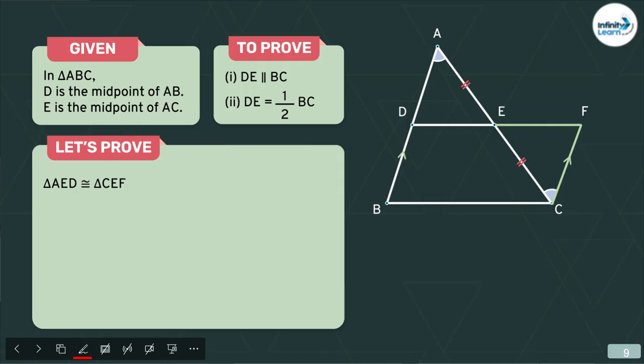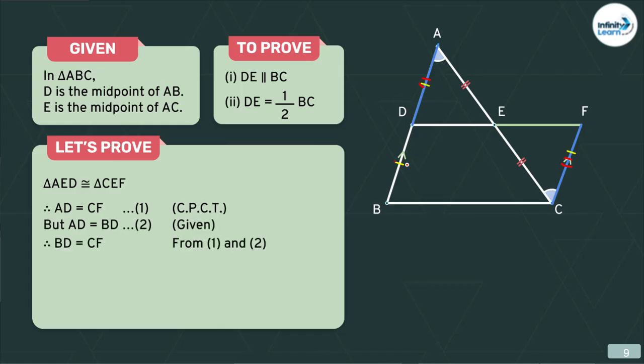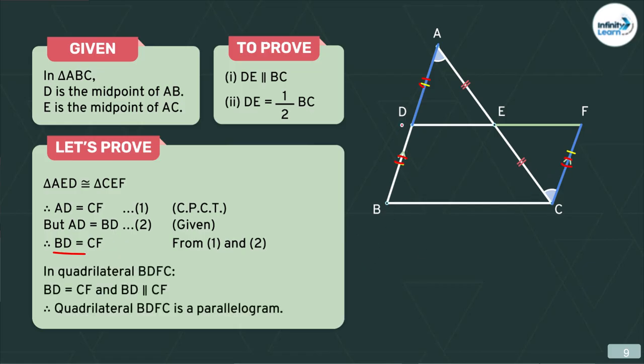Now, if the triangles are congruent, I can say that AD is equal to CF by CPCT. AD is equal to BD because D is the midpoint. So ultimately I can say that BD is equal to CF. Now, we know that AB is parallel to CF.